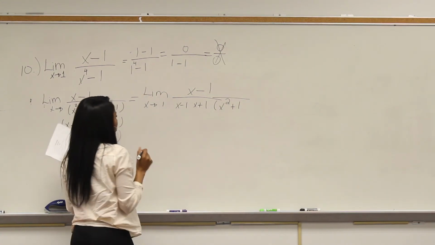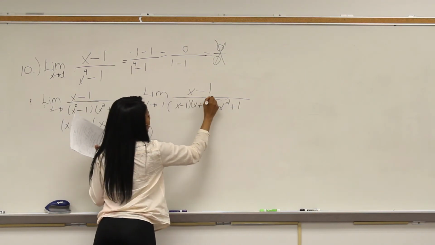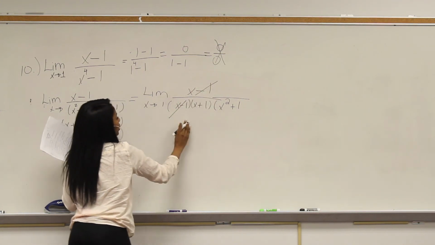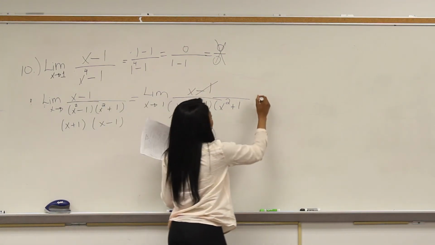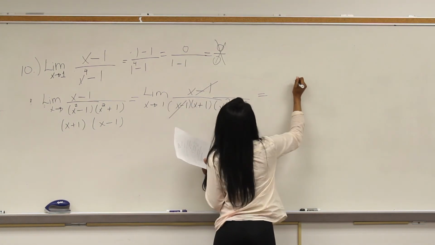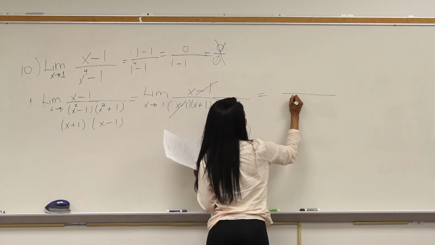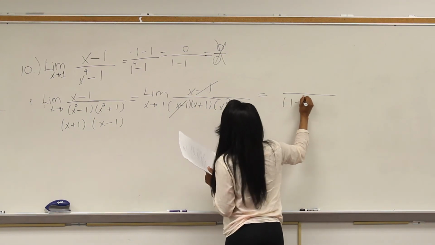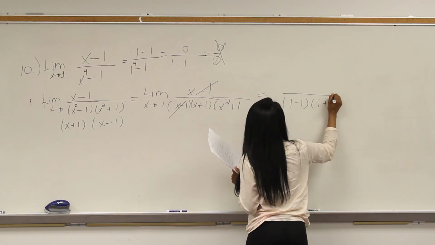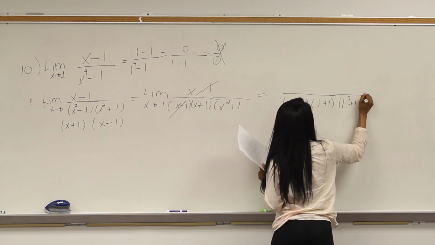Since we changed the way it looks, you can see that we can cancel out the x minus 1 from the top and the bottom. And then we're left with this problem. I'm going to plug in my 1 now. So 1 over 1 plus 1, and we have 1 squared plus 1.